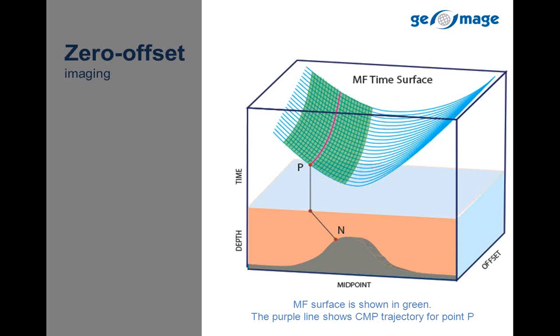So we use the same multifocusing parameters we already estimated at the first step, and we stack this green surface instead of the purple line, which is the CMP trajectory.